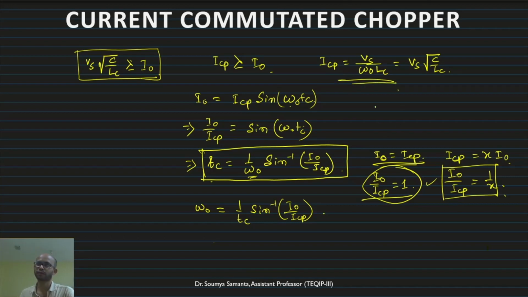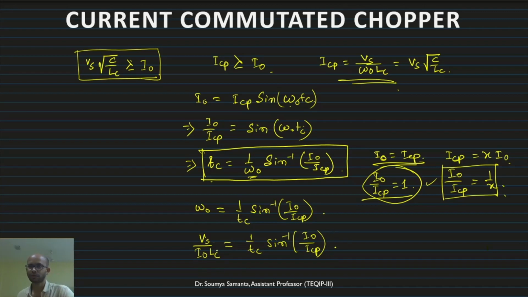From these expressions, omega naught can be found this way: Vs by I naught Lc, if we consider ICP equals I naught. Omega naught equals Vs by I naught Lc, and this equals 1 by Tc sine inverse of I naught by ICP.